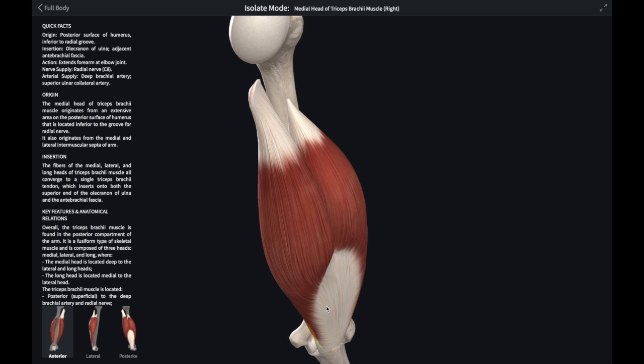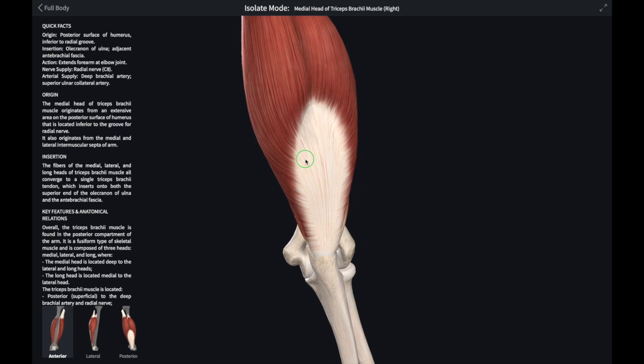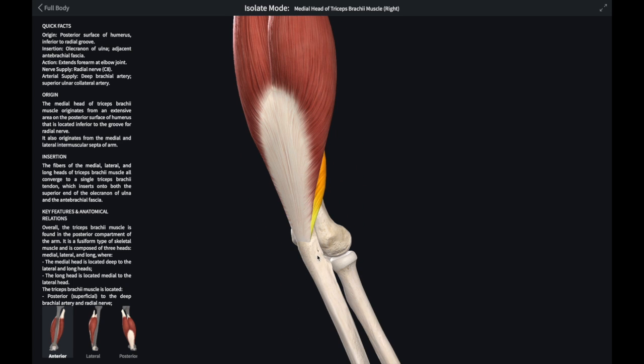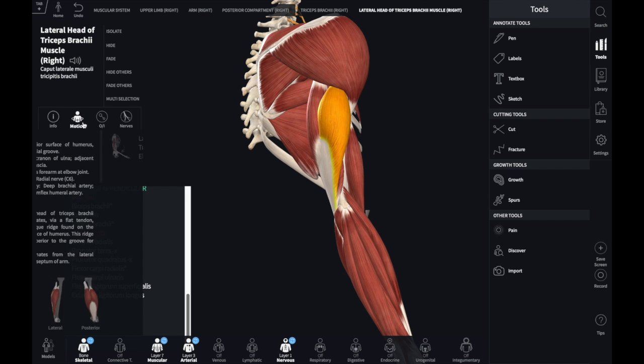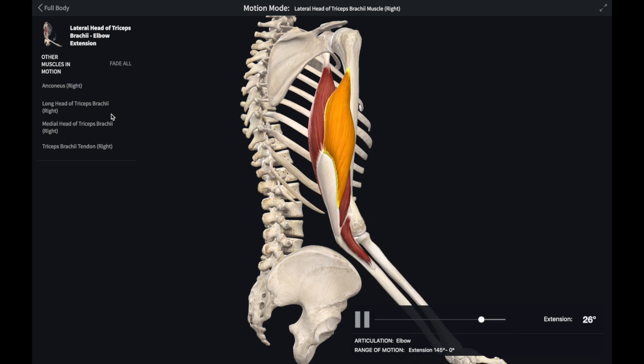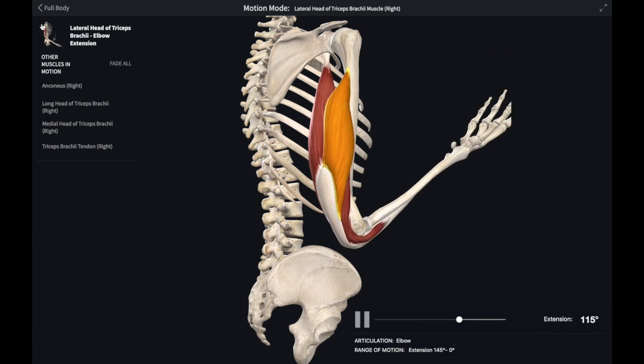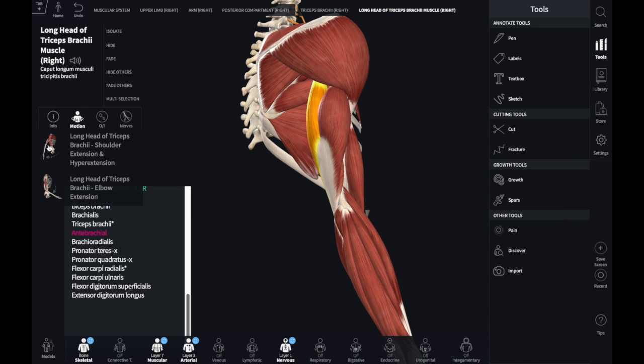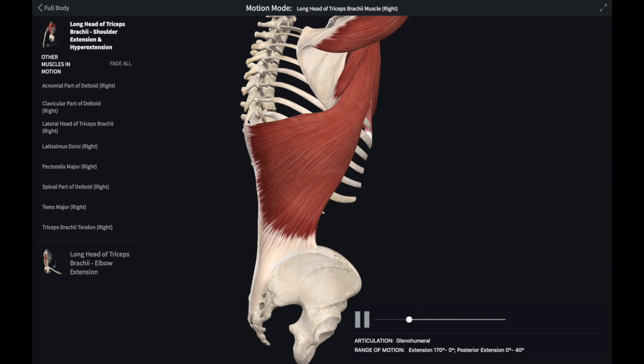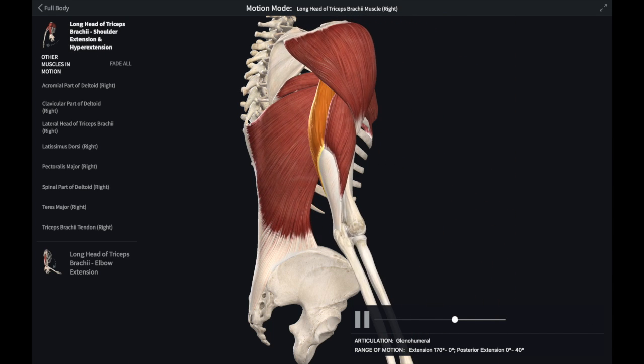So three origins, and all of them will collectively join right at the olecranon process of your ulna. The action is involved in extension of the elbow, hyperextension of the arm, so also extension of your arm.